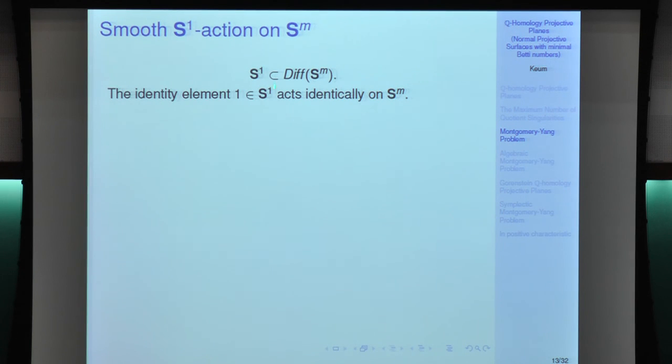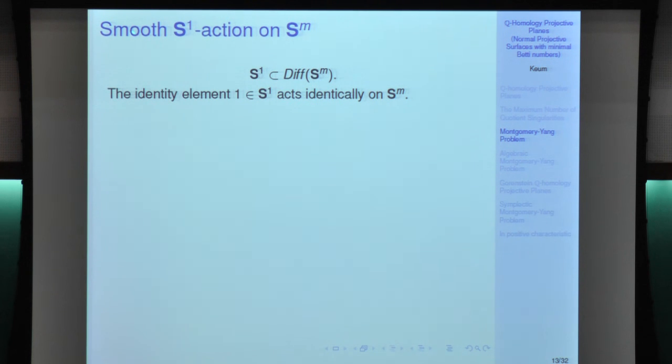So the group S1 is a subgroup of diffeomorphisms of Sm, the identity element acts identically. So the circle itself is a group, and this group structure is compatible with composition as diffeomorphisms of Sm.